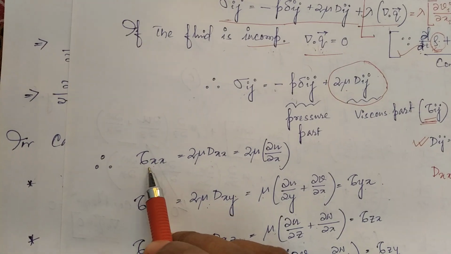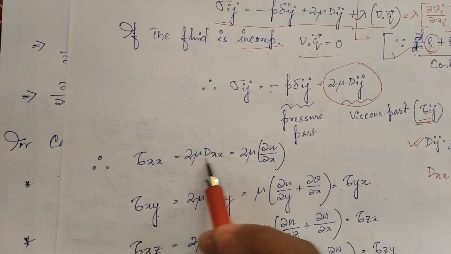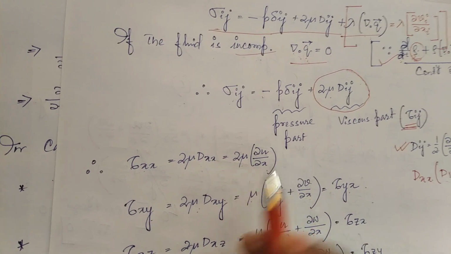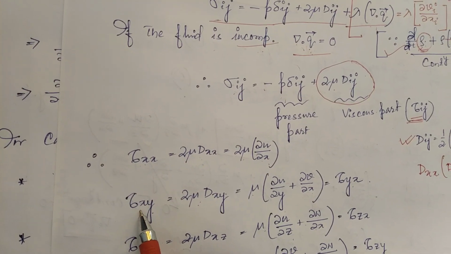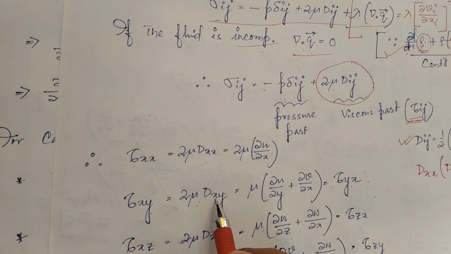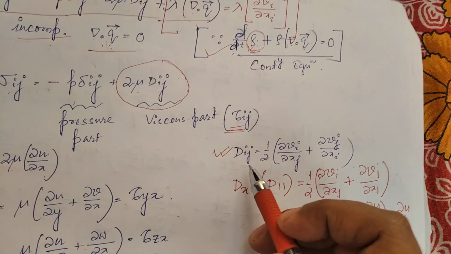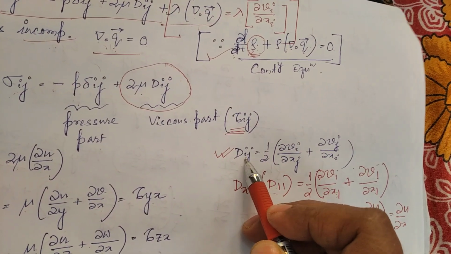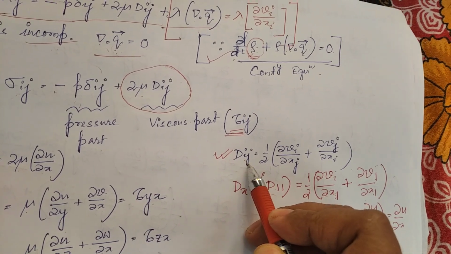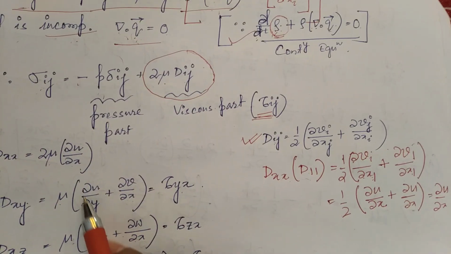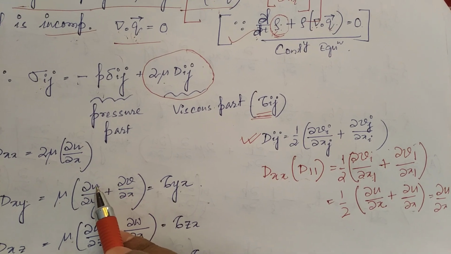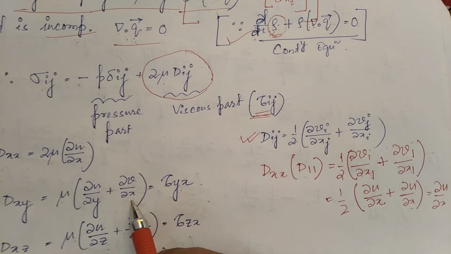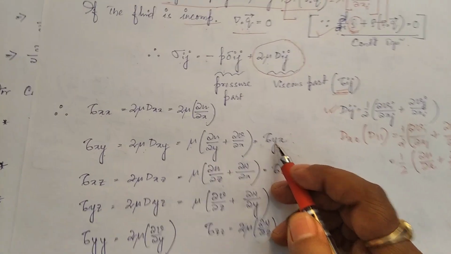So we have obtained tau xx as twice mu dxx, that is twice mu del u del x. Similarly tau xy will be twice mu dxy. For dxy, you replace i by x and j by y, and you will get mu times del u del y plus del v del x, and that will also be equal to tau yx.